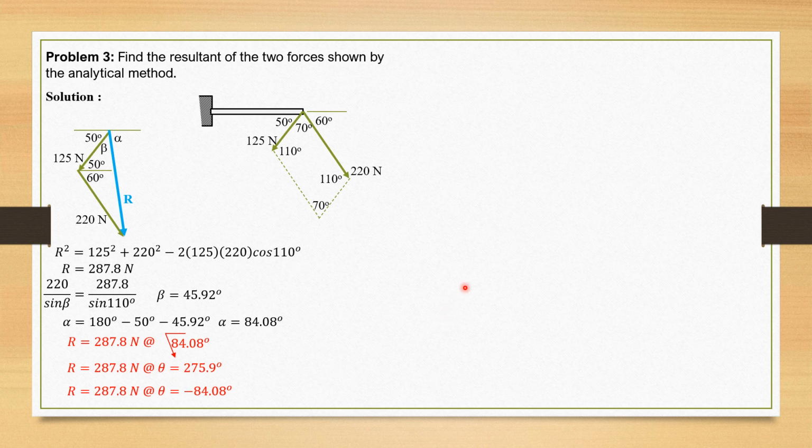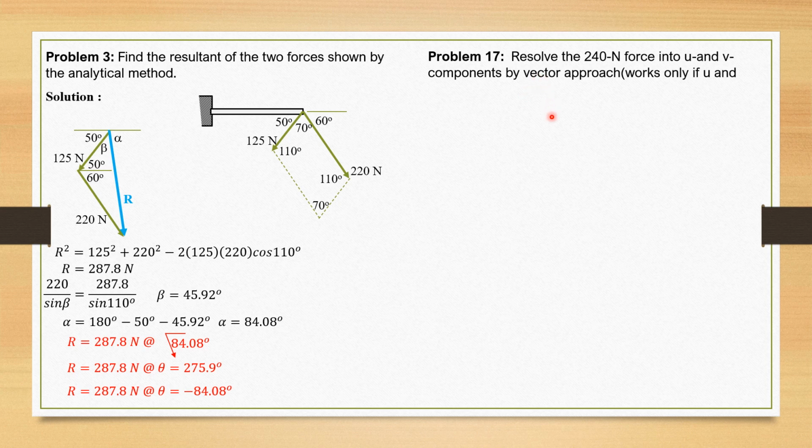Then for problem 17, this is revised. The u and v axis must be perpendicular to each other. So resolve the 240 Newton force into u and v components by the vector approach. This vector approach works only if u and v are perpendicular, matching the parallelogram law.